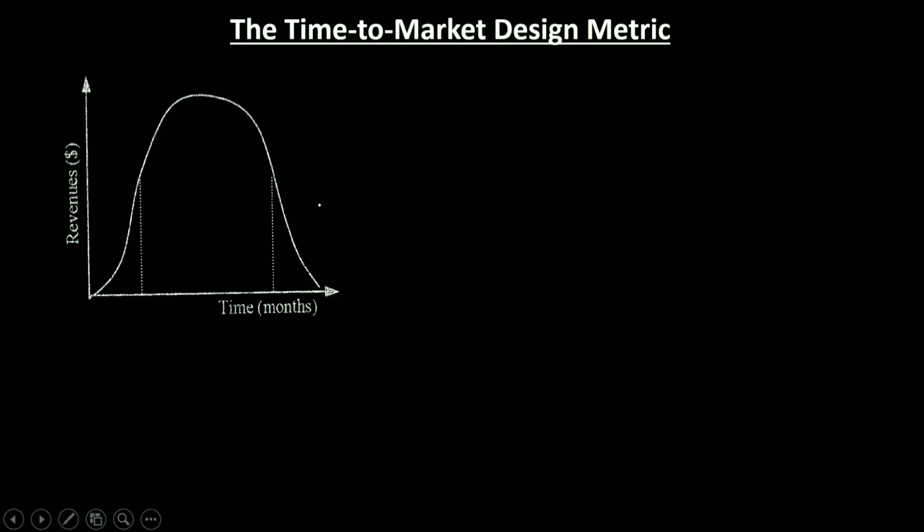This figure shows a sample market window during which the product would have highest sales. Missing this window, which means that the product begins being sold further to the right on the time scale, can mean significant loss in sales.